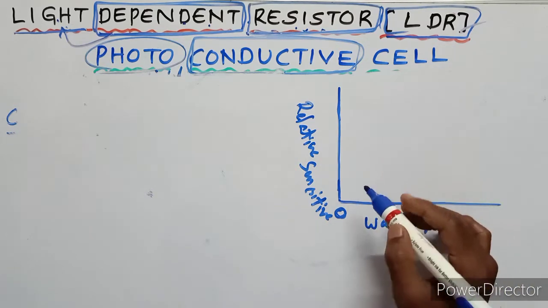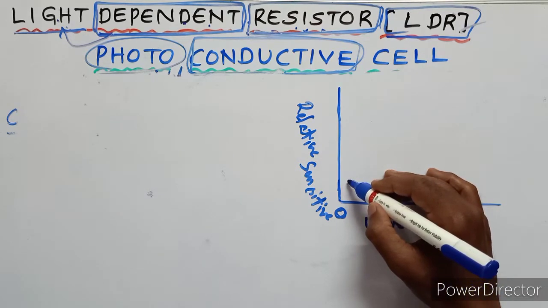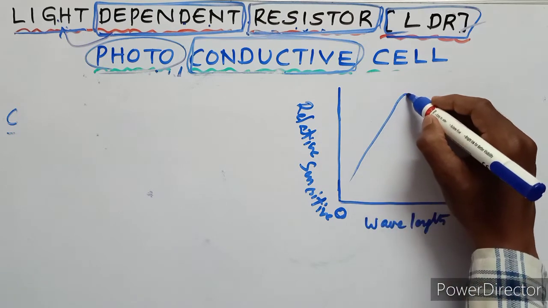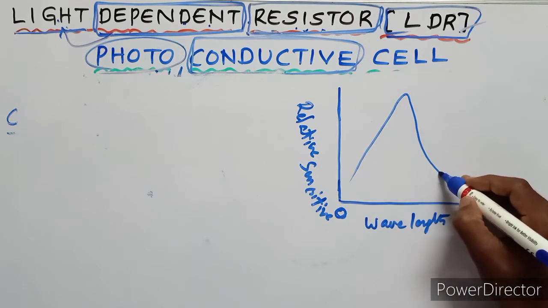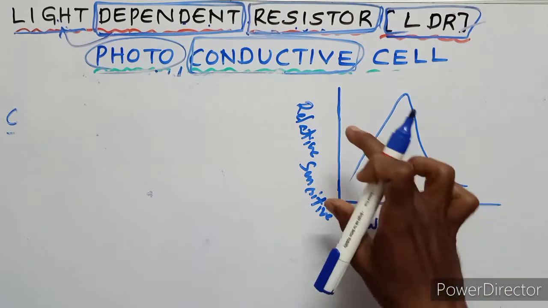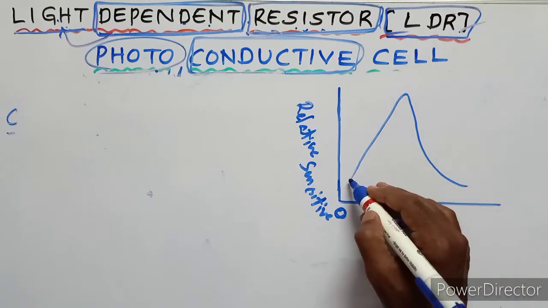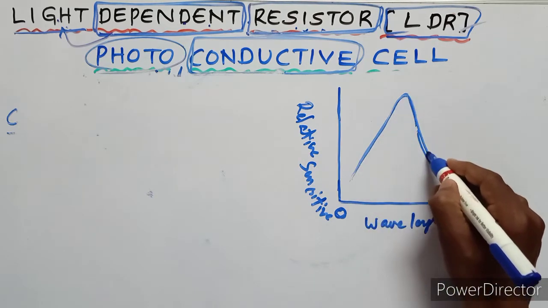Here the spectral lines are produced. This is the wavelength of light, and this is the relative sensitivity. The spectral response is a curve of this type.